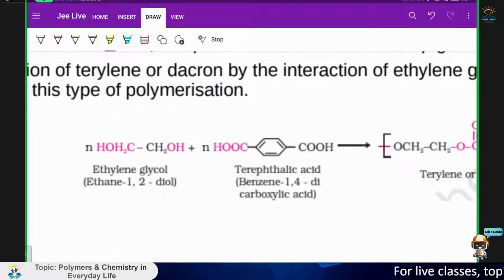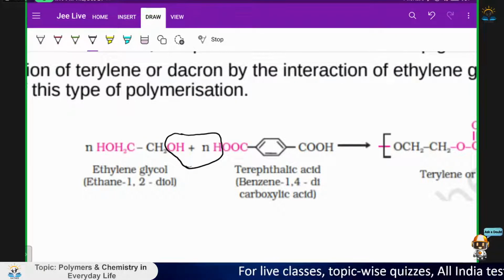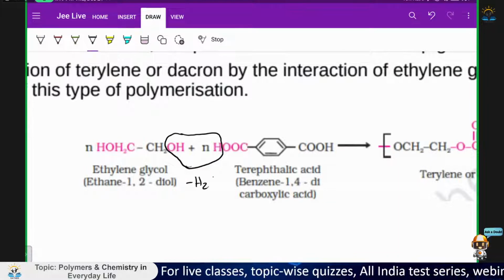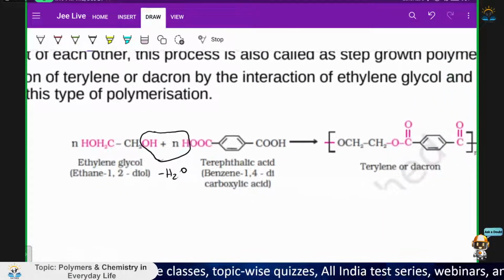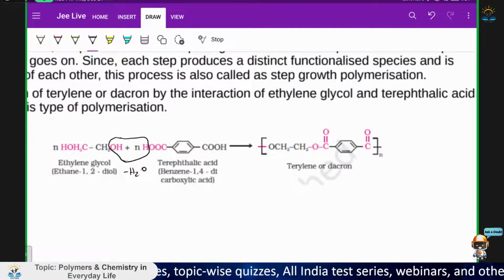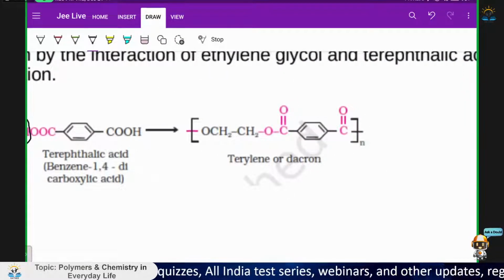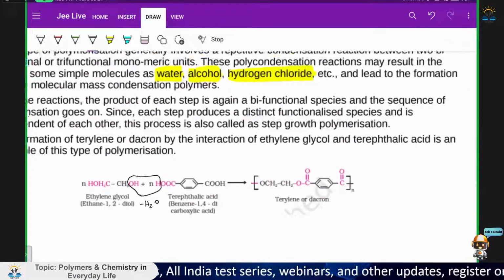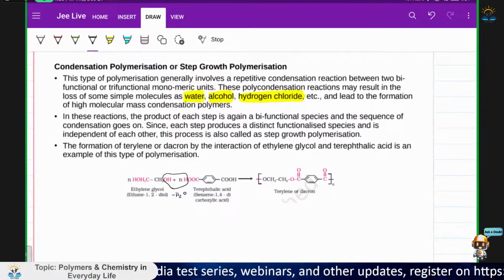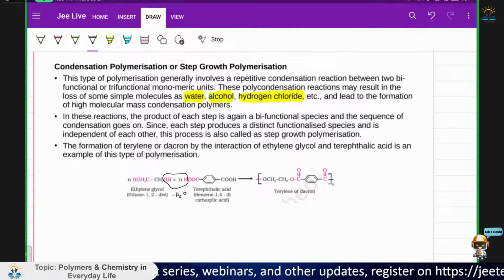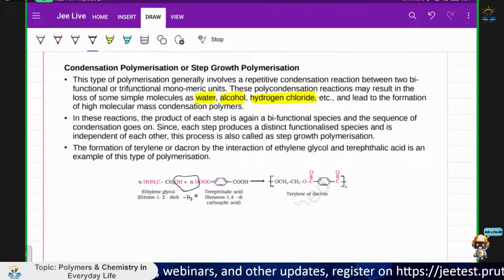The alcohol's OH group and the acid's group combine, and water is eliminated. Many such units are joined together to form Terylene or Dacron. So this is what happens in condensation polymerization, and we lose some simple molecules during polymerization of the monomer.